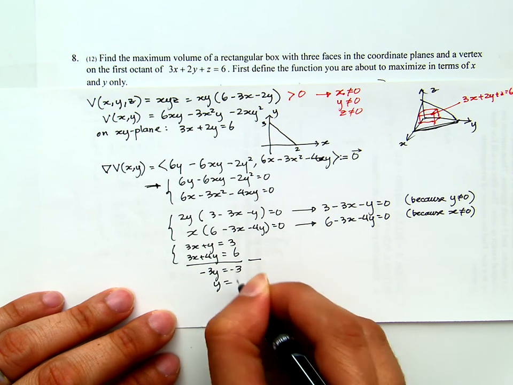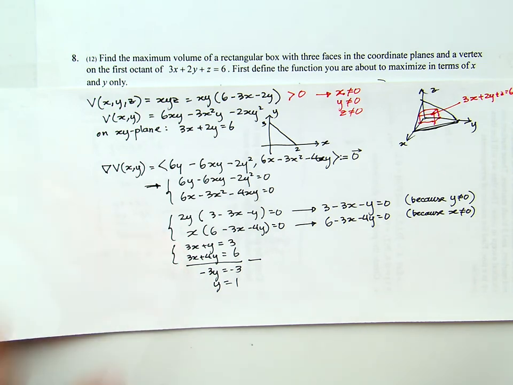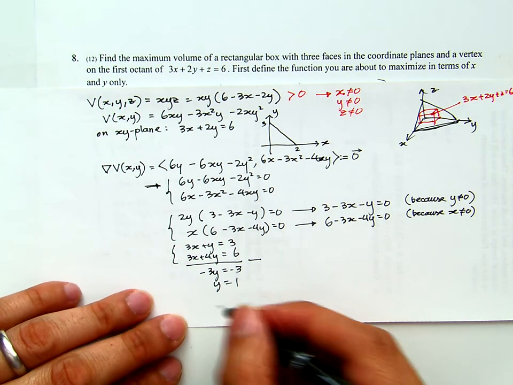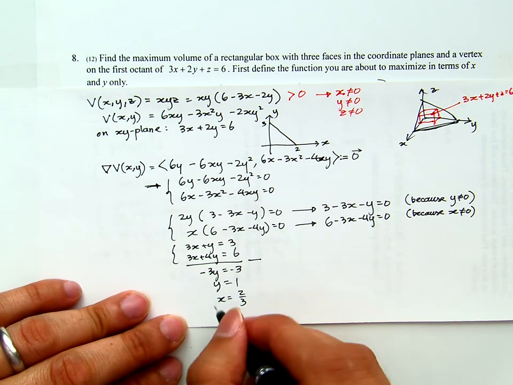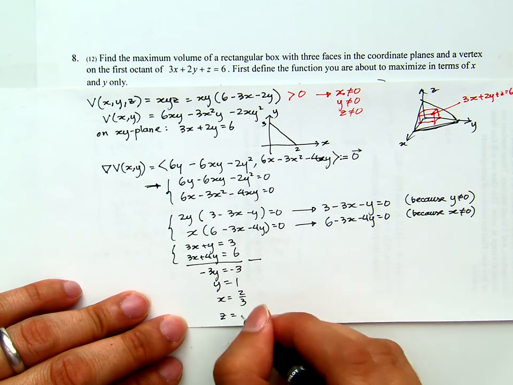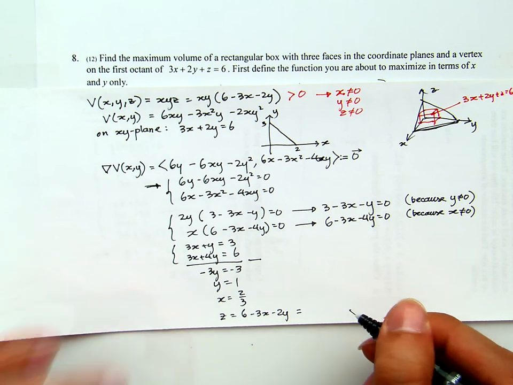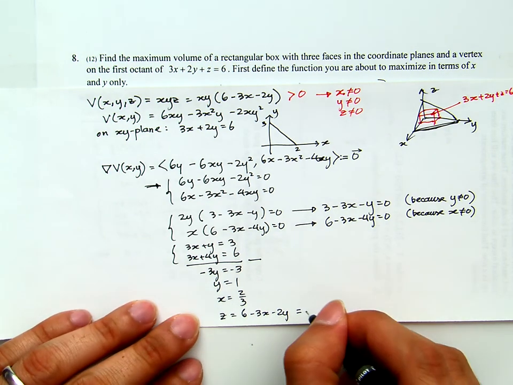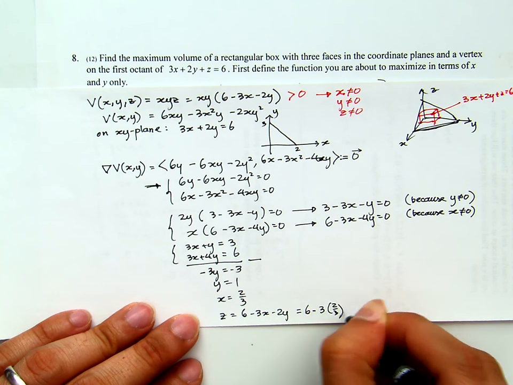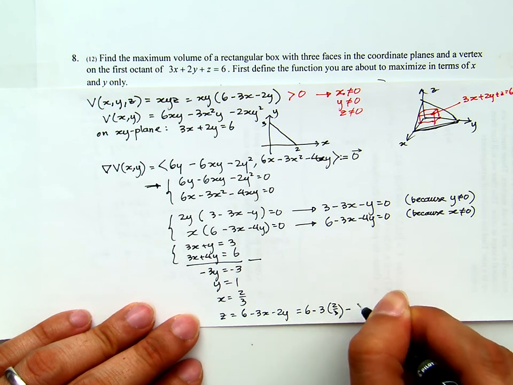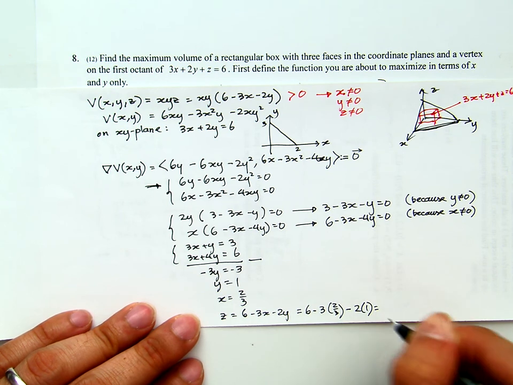So y equals 1, which, if I plug into either one of the equations, you will see that x equals 2/3, and therefore z, which is 6 minus 3x minus 2y, will be 6 minus 3 times 2/3 minus 2 times 1, which is 2.